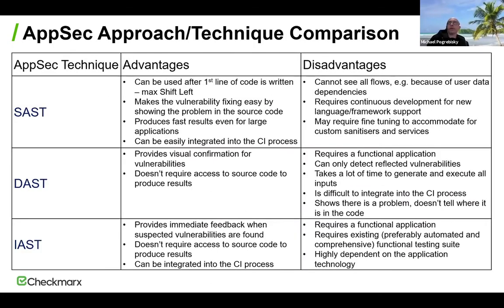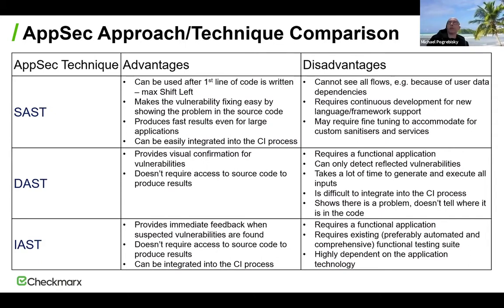So this is a quick comparison between the different techniques. I'm not going to drill into each and every one of these. I just wanted to highlight a few really important points. In terms of advantages of SAST, there are many. Probably the most important is that you can start scanning your code from the very first moment you start writing it.